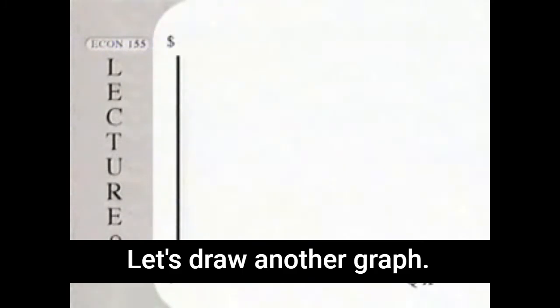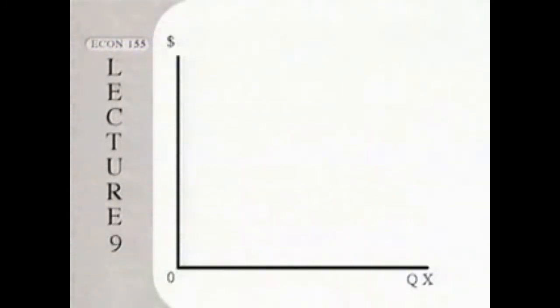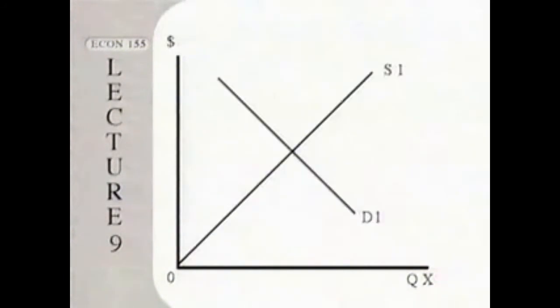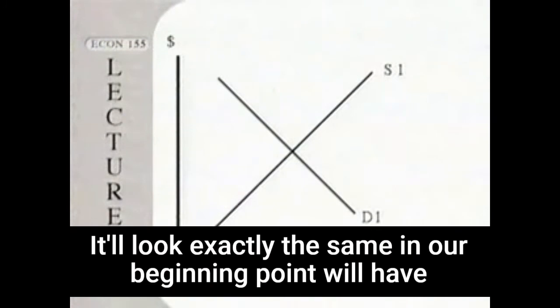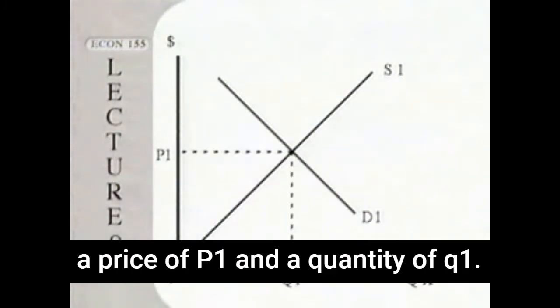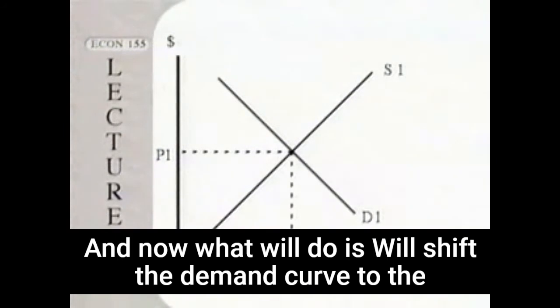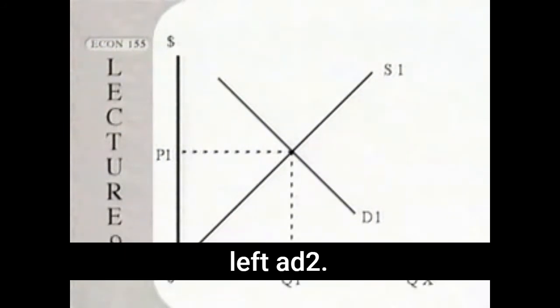Let's draw another graph. It'll look exactly the same in our beginning point. We'll have a price of P1 and a quantity of Q1. And now what we'll do is we'll shift the demand curve to the left, to D2.